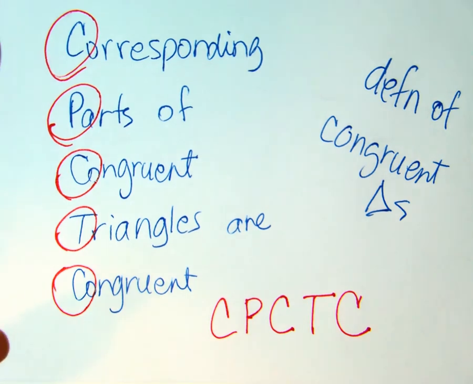Again, how is this used? Well, when you don't have enough information with what you have, if you can prove something else congruent by one of the shortcuts, once it's congruent by the shortcut, it's congruent for all purposes, so now you can use that, just like we used that in the previous one. So that works out to be a really handy thing to do.